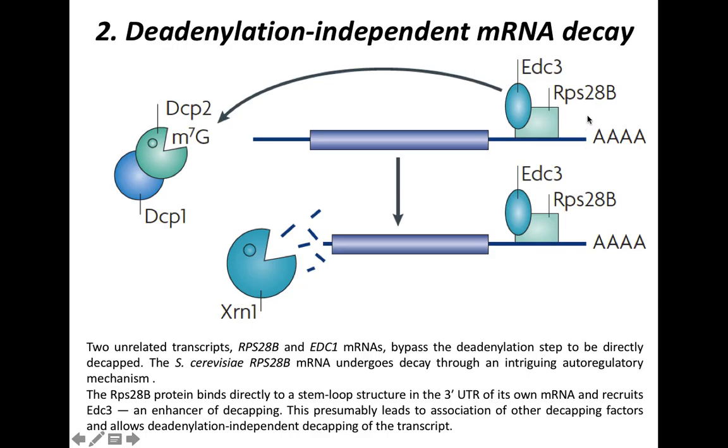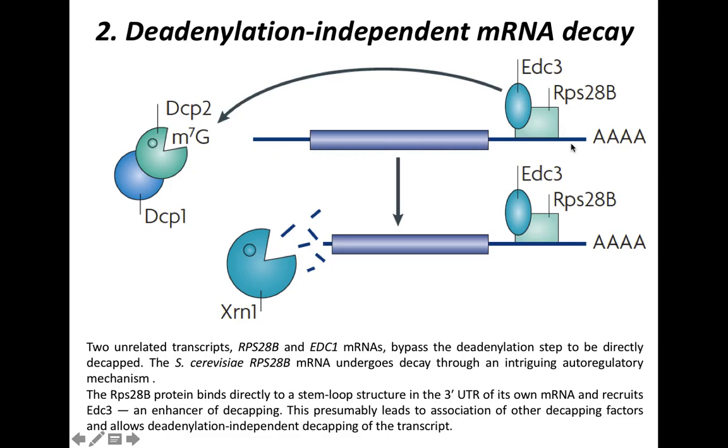Here we have an example of an mRNA molecule. This is an mRNA for the ribosomal protein subunit 28B, the protein part of the ribosome of the smaller subunit. This mRNA molecule codes this protein for the ribosomes.